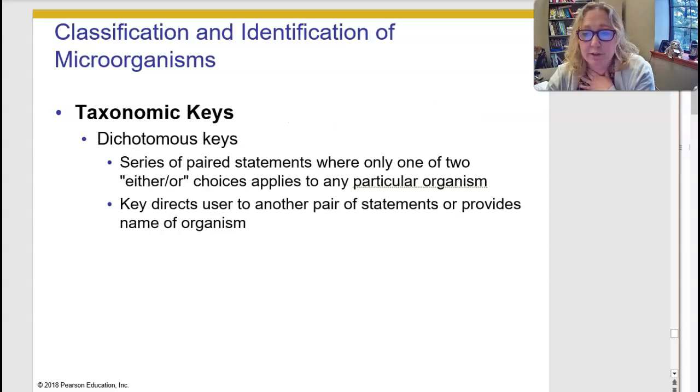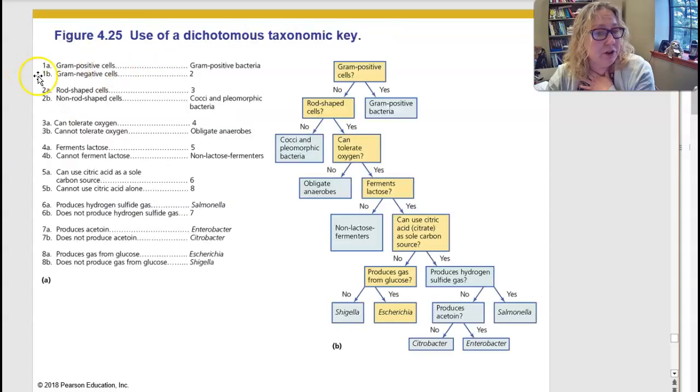You are going to use a series of dichotomous keys. So essentially, you're going to say, is it gram-positive? Yes or no? Let's say no. It's not gram-positive. It's pink. I have rod-shaped gram-negative cells. Can it tolerate oxygen? Okay, obviously it tolerates oxygen because, dude, you're growing it in the lab.